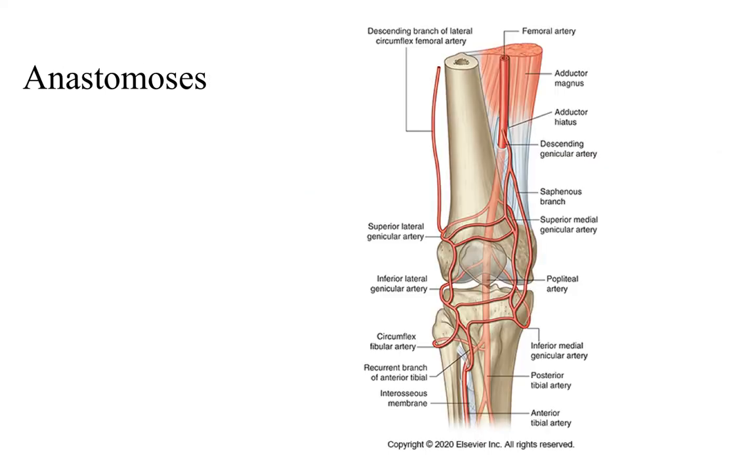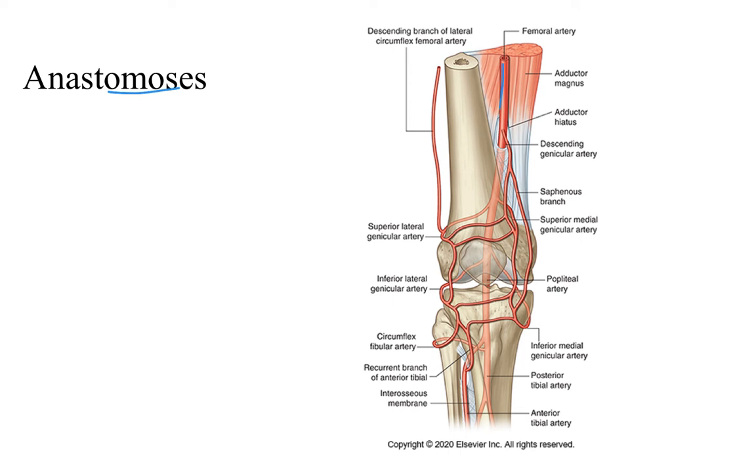So a common theme that keeps appearing is that there are connections between arteries called anastomoses that are in places where circulation is potentially easy to cut off.